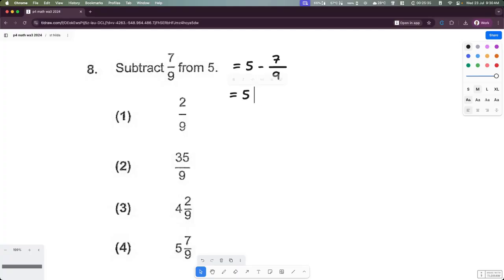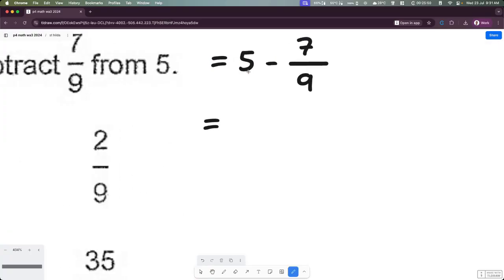We need to convert 5 into what we call, not a mixed number, but an improper fraction. How do we get a whole number into an improper fraction? Basically, we need to multiply 5 by 9.